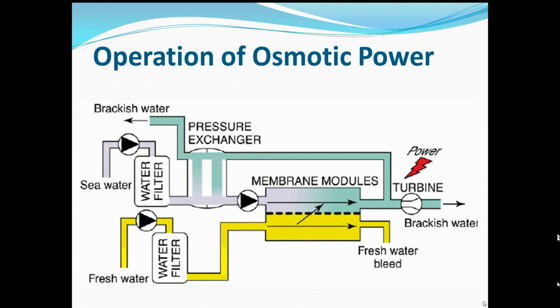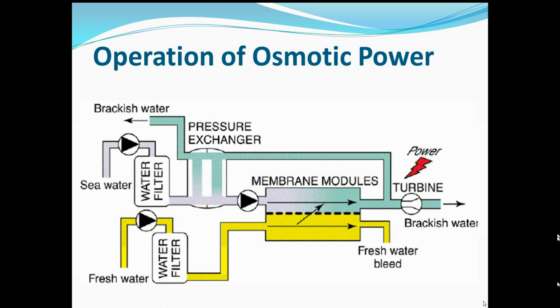We can see that the seawater passes through a pressure exchanger and comes into the membrane module. Now, why is the pressure developed on the seawater side and not on the freshwater side? If we look at the right hand side of the diagram, the water being supplied to the turbine is from the seawater side.